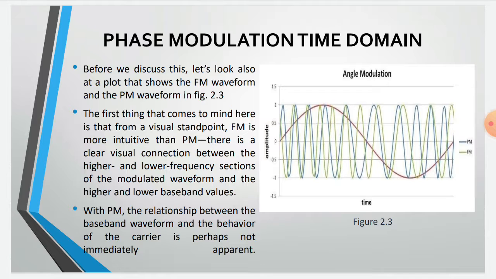The first thing that comes to mind here is that from a visual standpoint, FM is more intuitive than PM. There is a clear visual connection between the higher and lower frequency sections of the modulated waveform and the higher and lower baseband values. With PM, the relationship between the baseband waveform and behavior of the carrier is perhaps not immediately apparent.